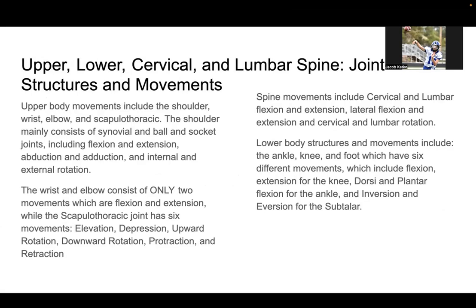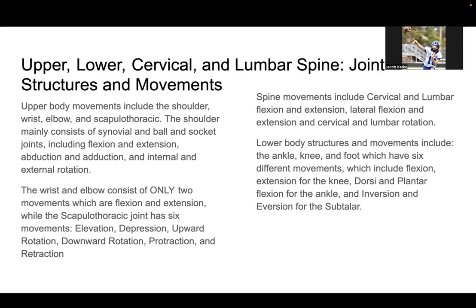So now focusing on upper, lower, cervical and lumbar spine, or upper body movements and lower body movements. Upper body movements include the shoulder, wrist, elbow, and scapulas. The shoulder mainly consists of synovial and ball and socket joints, including flexion and extension, abduction and adduction, and internal and external rotation.